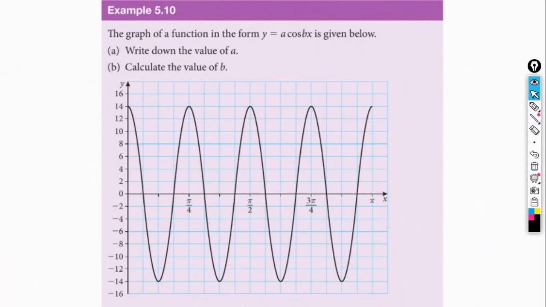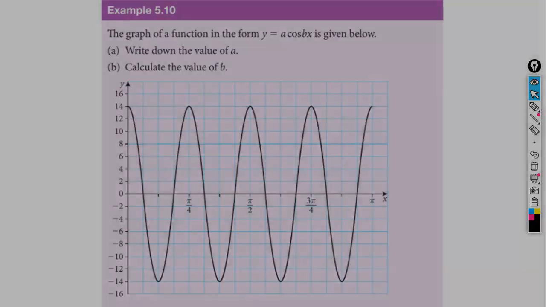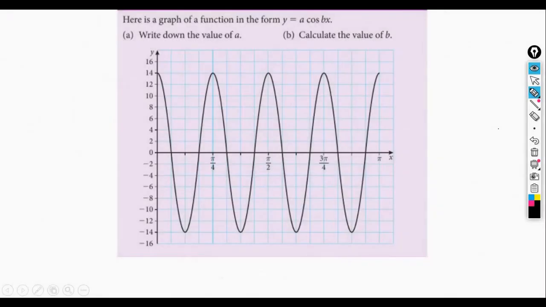We continue with example 5.10. And it says, here is a graph of a function in the form y equals a times cosine of bx. Letter A, find the value of a, and B, find the value of b. So recall that a, in this case, is just the amplitude of the function.